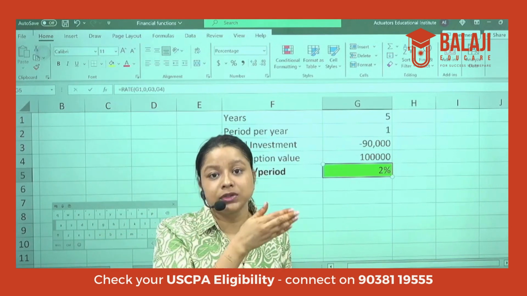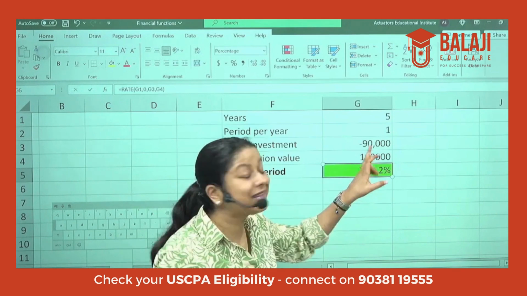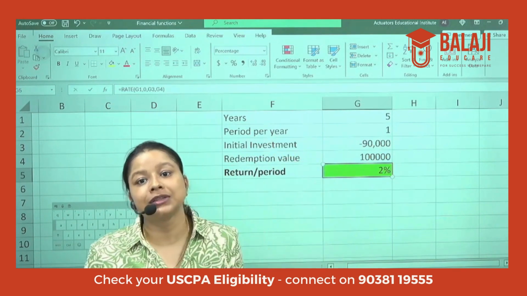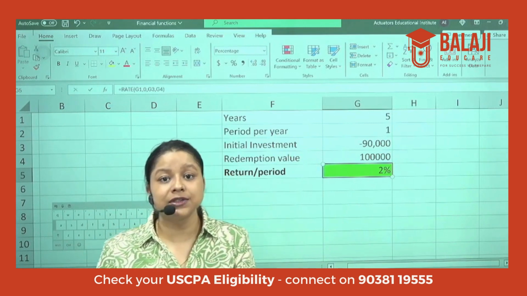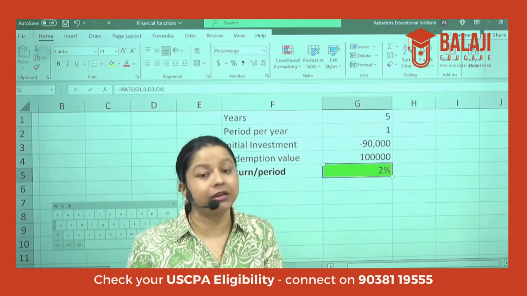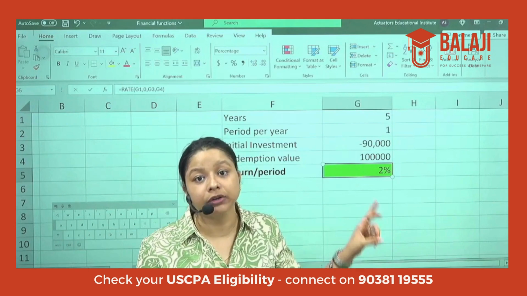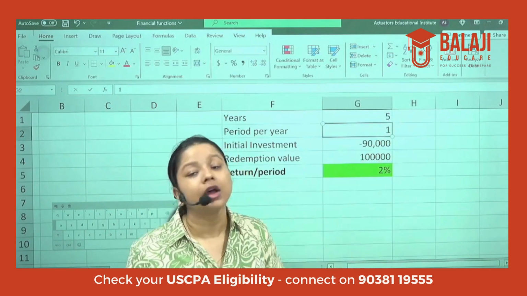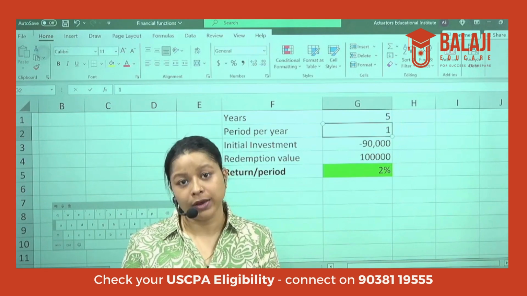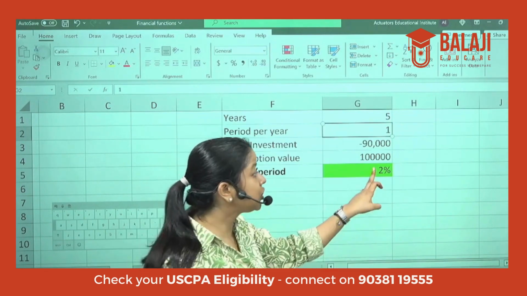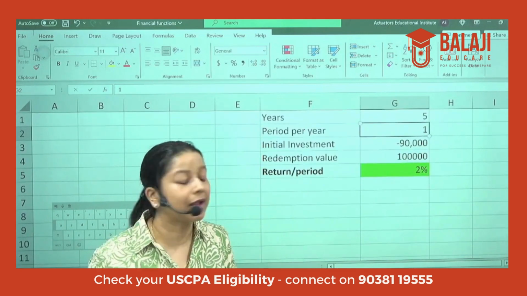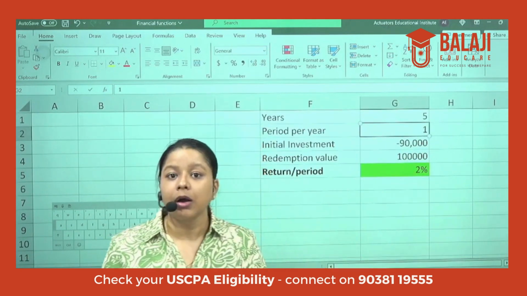If you use the compounding method, you will be receiving 10% for 5 years, but 2% is the per annum rate, because the rate function gives you the return per period. The period we have taken is 1 year. So always remember, if you needed to calculate a monthly rate, you would have got the per month rate.